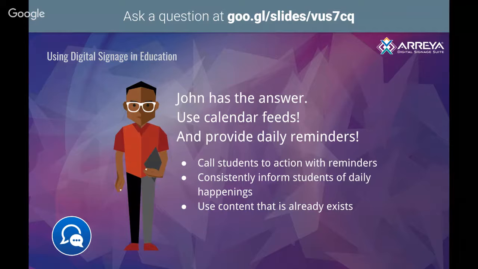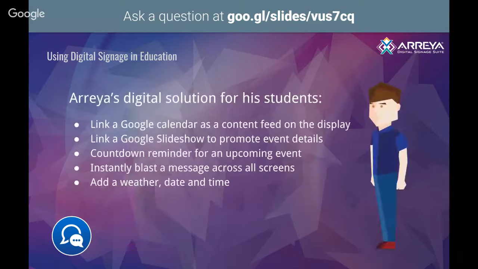He'll call students to action with reminders. He'll consistently inform students of daily happenings, and he'll use content that already exists on other services, like pulling in feeds from his website or Google Calendars that his school is already sharing with parents. This ability to use dynamic content that is out there will save time and effort from everyone and still keep the information in front of his students.